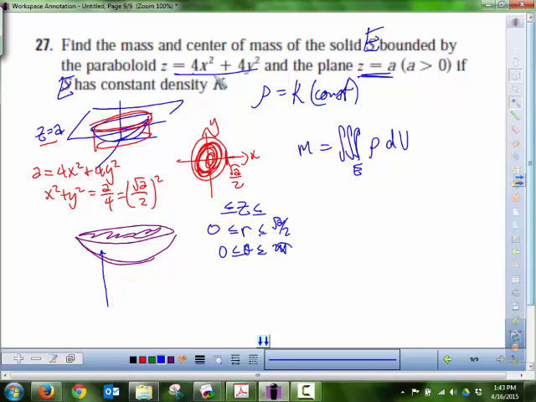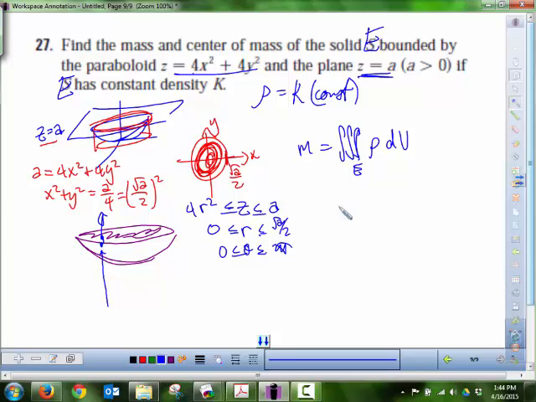The paraboloid, right? 4r squared. And then I will be inside of the region until I get out of my region when z is equal to what? z is equal to a. Okay? Factor out the 4, x squared plus y squared is equal to r squared, 4r squared. So that's my integral.